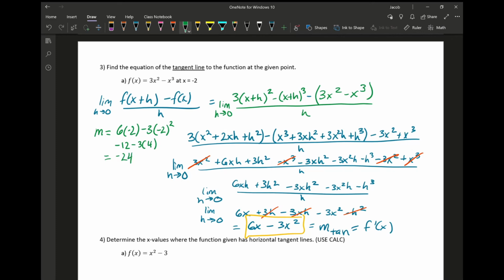And then to wrap this up, I need a point from this equation. So the point that corresponds with -2 can just be found by evaluating the function.